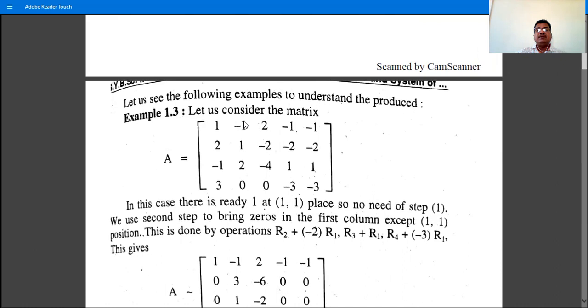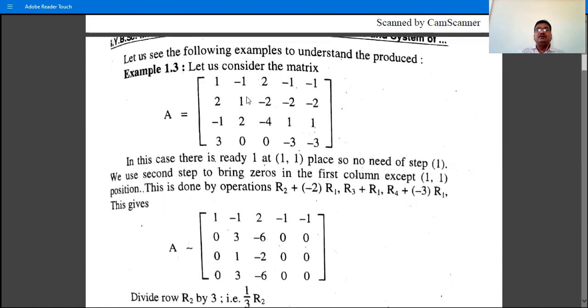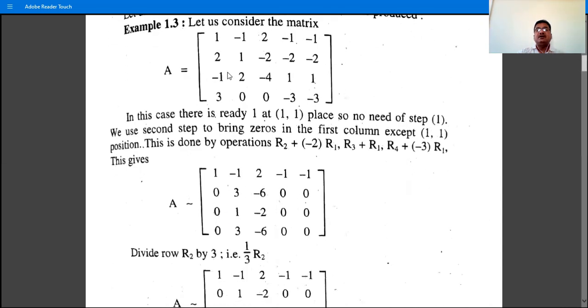we reduce the 12 place element to 1. And then if you reduce this element to 1, then reduce the elements below it in that column to 0. So first it is 1, therefore we have to reduce this column, these elements 2, -1 and 3, to 0. So the operation is R2 minus 2R1.